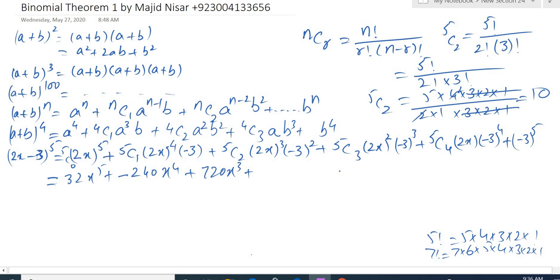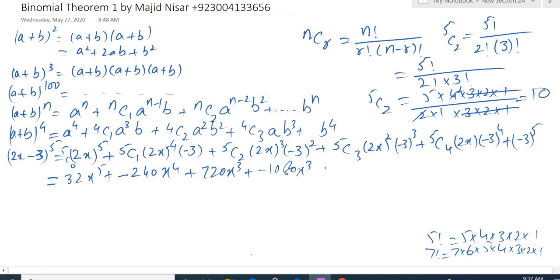Next, 5C3 is also 10. 2 squared is 4, and 3 cubed is 27. So when we multiply this, we will get 1080x squared. Now 5C4. 5C4 is 5, and 5 times 2 is 10, and 3 raised to power 4 is 81.